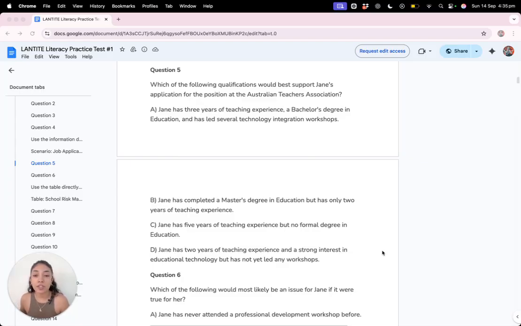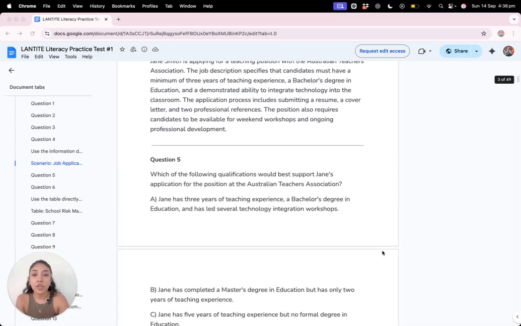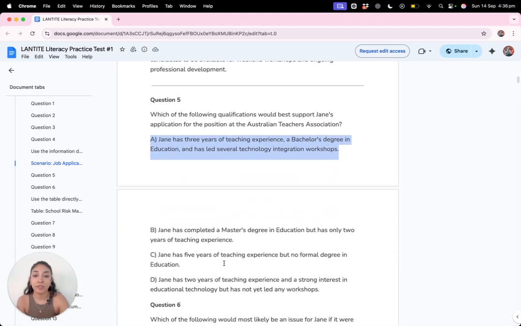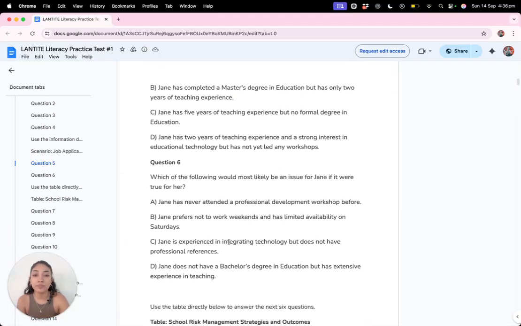And D, Jane has 2 years of teaching experience and a strong interest in educational technology but has not yet led any workshops. So we know based off reading this that A reflects Jane the most. So Jane has 3 years of teaching experience, a bachelor's degree in education, and has led several technology integration workshops. So it's what meets it overall.